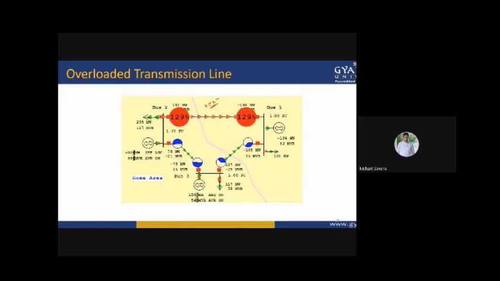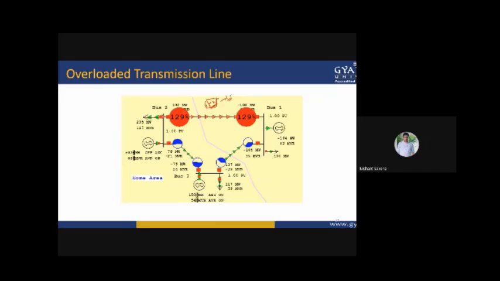Okay, but it is running at more than that value, for example, 180 or so. Then what is happening? We are overloading the transmission of power on this line. It has been shown that this line is overloaded by 129%. The maximum capability is 100%, but it is running at 129%.